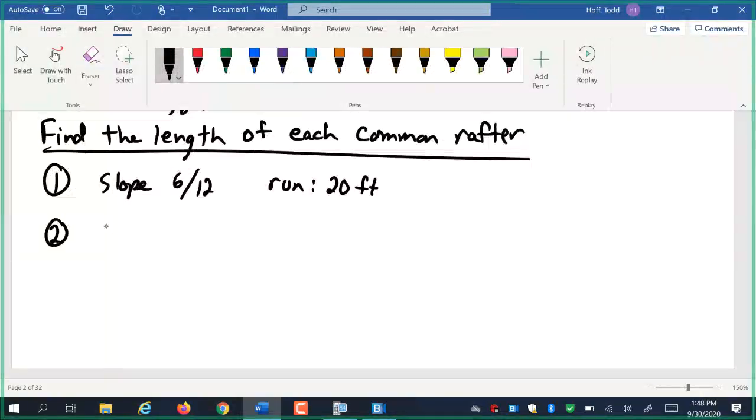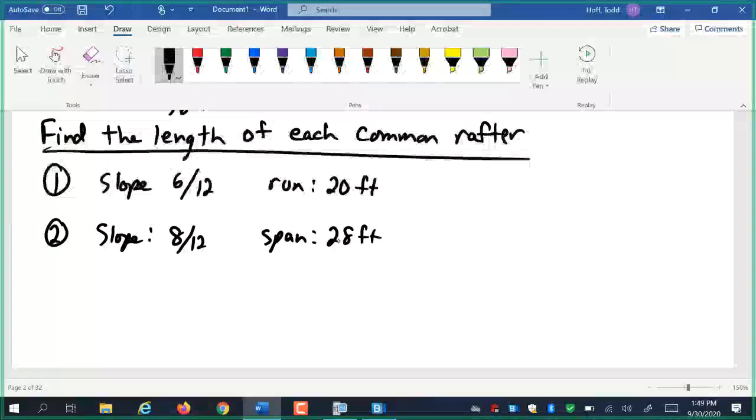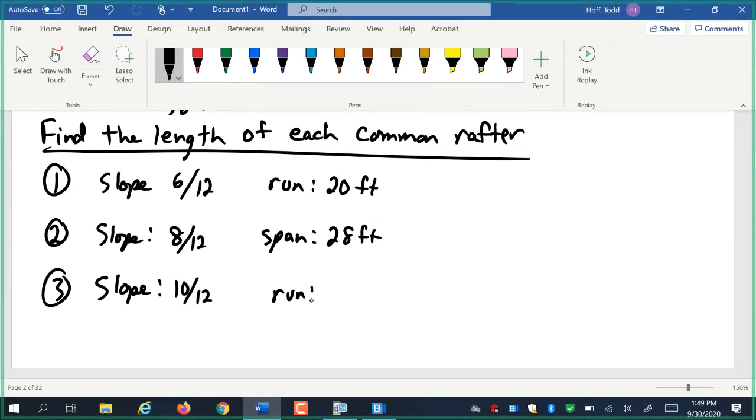Number 2, slope of 8/12, span 28 feet. Number 3 is slope of 10/12 and a run of 18 feet. Try those 3 in your notes, see what you come up with, and we'll go over them in just about 2 minutes.